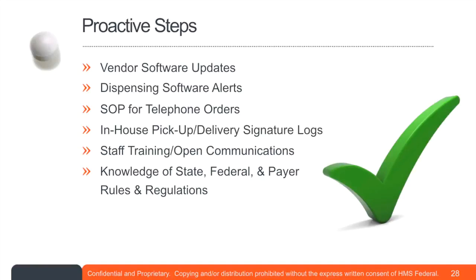Open communication really helps the pharmacy probably run a lot smoother. And just knowing those regulations, the last point, is going to be helpful again when going through payment and asking why this is denied. Oh, it's denied because it's not on the preferred drug list, kind of thing.